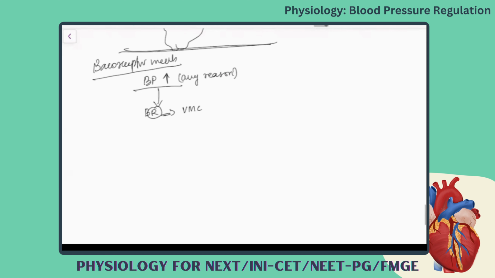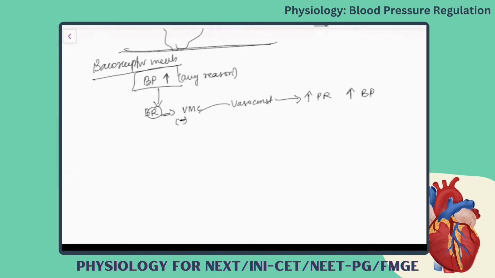And the vasomotor center will be immediately inhibited, because usually this vasomotor center causes vasoconstriction. Vasoconstriction means it increases the peripheral resistance, it increases the blood pressure. Normally this is what is happening.